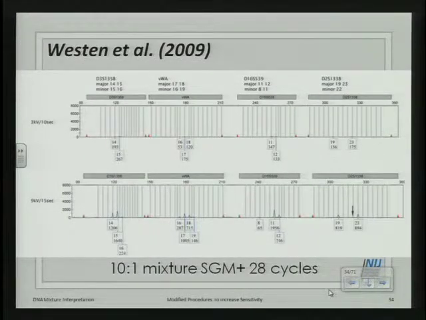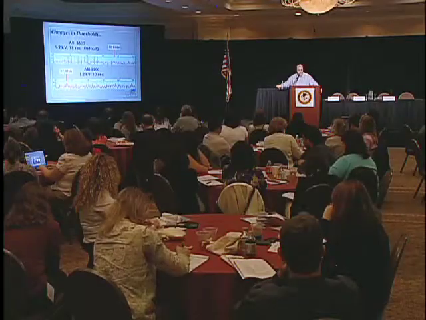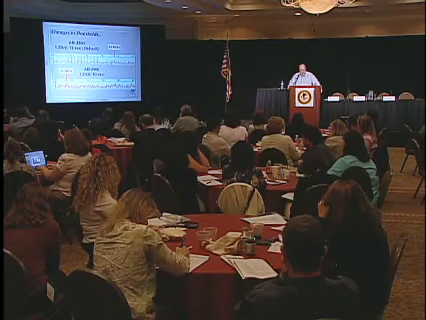And this is showing the gain in the alleles. It's very difficult to see, but I recommend if you take a look at this paper, you can get a better view of this figure. Now, of course, we talked about if you change your injection times and so forth, you're going to have to reevaluate your thresholds. So this is on the 3500, looking at, on the bottom here, 10-second injection.